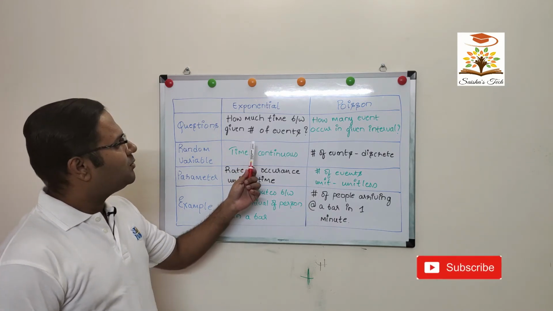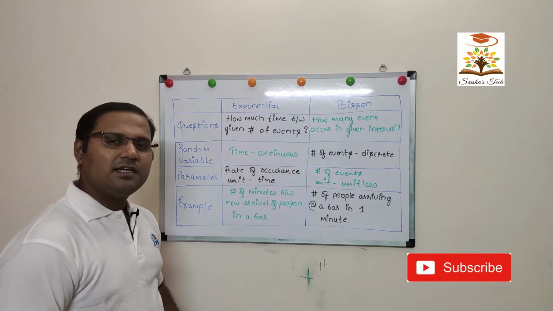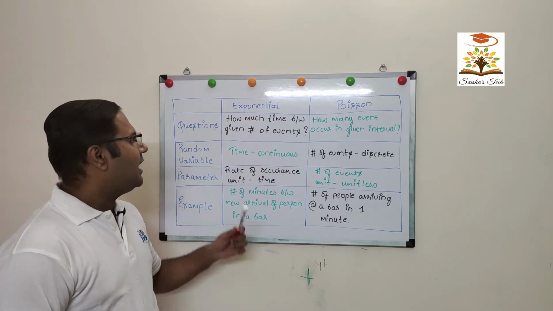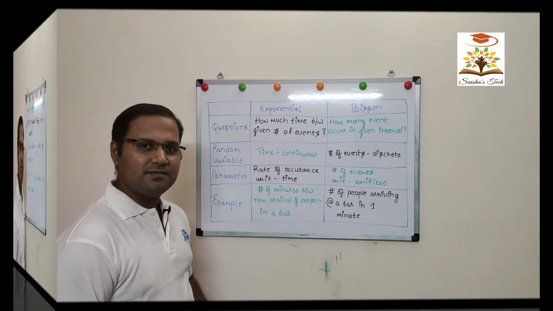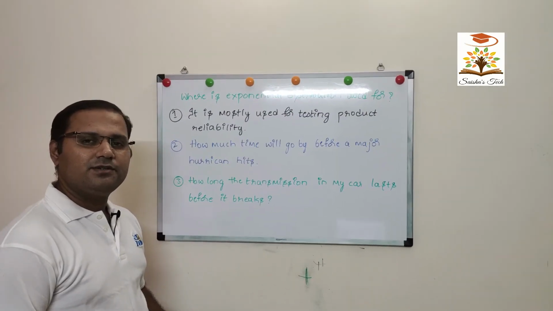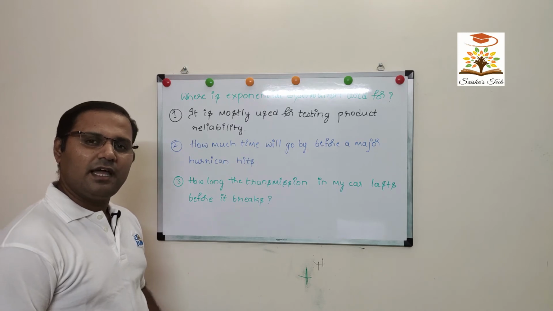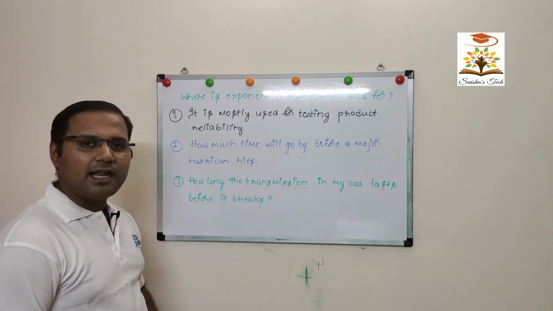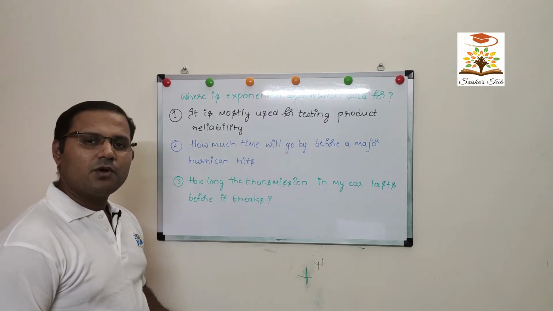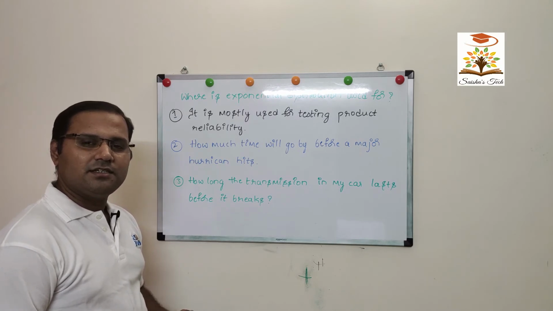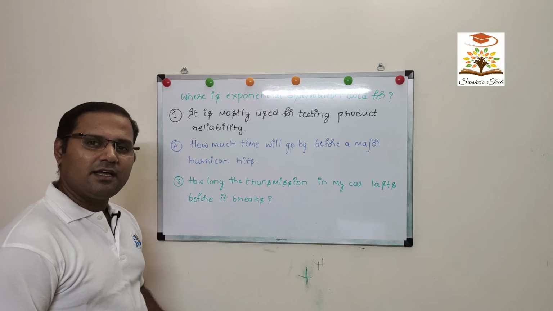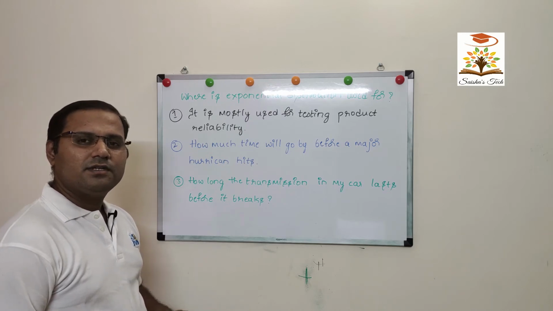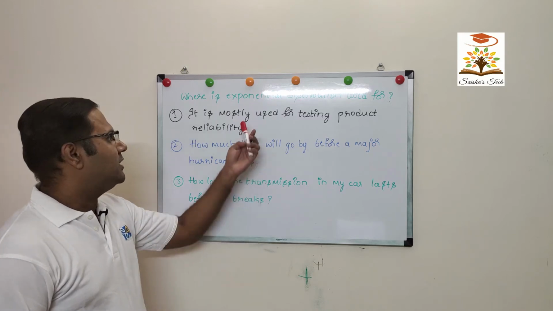Now we have compared exponential and Poisson's distribution. Let us understand where we can use exponential distribution with examples. It is mostly used for testing product reliability. All companies provide warranty and guarantee for their appliances like air conditioner, geyser, tube light, fan, etc. The duration of warranty and guarantee can be identified using exponential distribution.